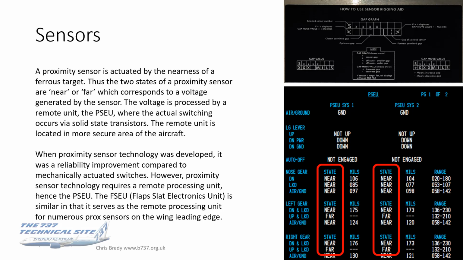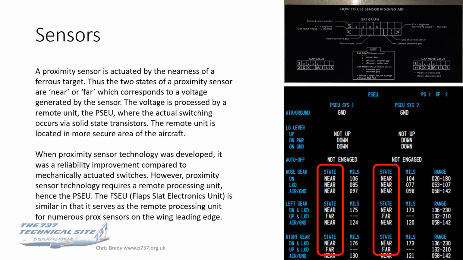But near or far is actually a range, so near or far corresponds to a voltage generated by the sensor. That voltage is processed by a remote unit, which is the PSEU, where the actual switching occurs via solid state transistors. So again, the switches, if you like, are in the PSEU.